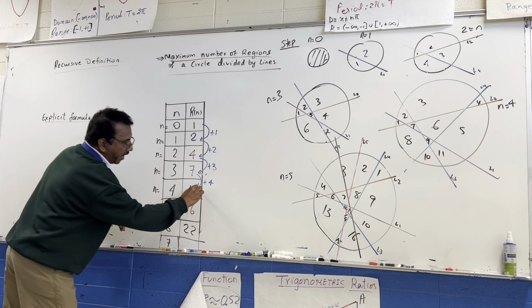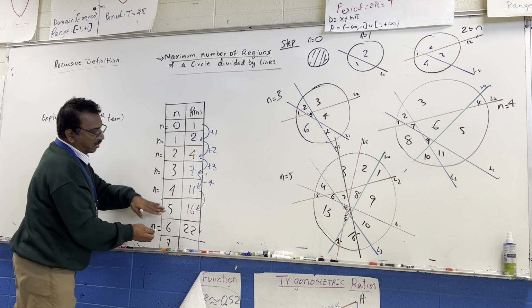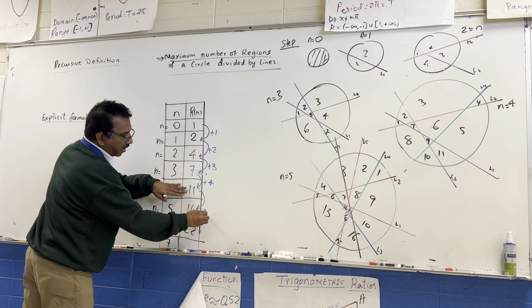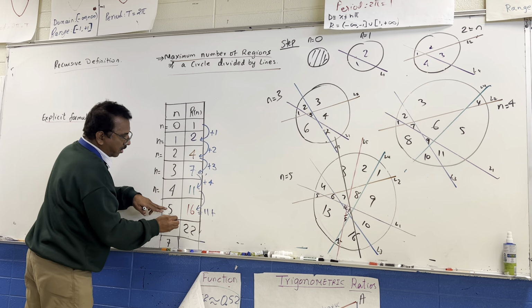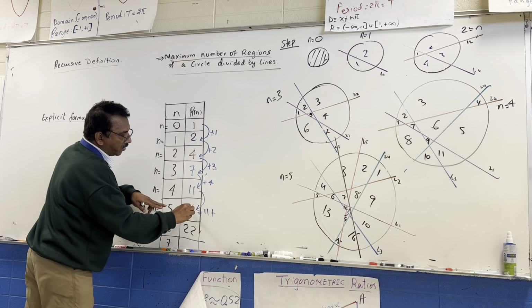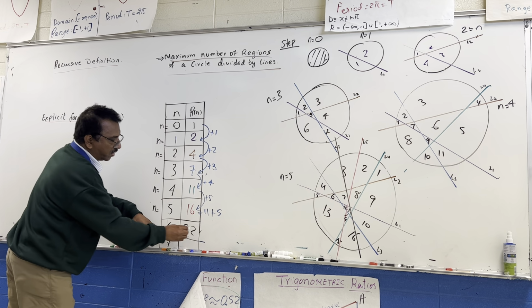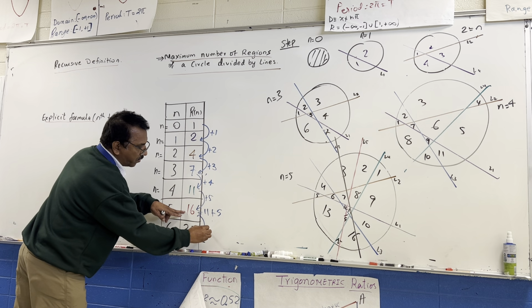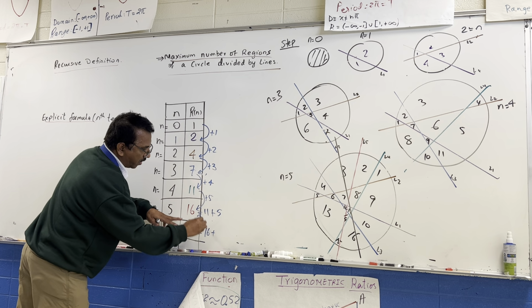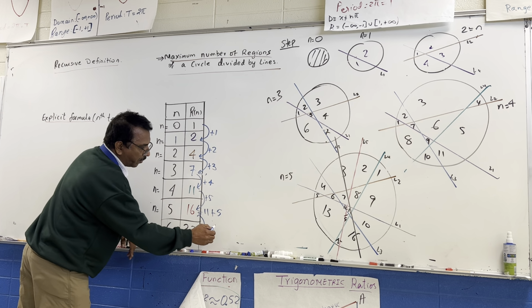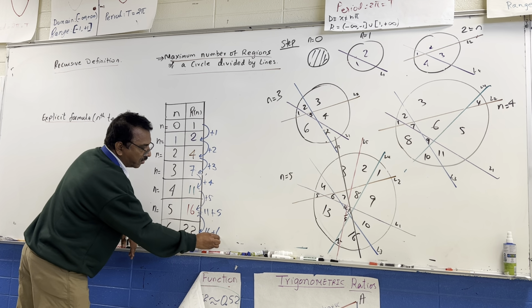So how do you get 16? The previous one is 11, and plus 5, because 11 to 16 is 5. If it is 6, the previous one is 16, and the difference is 6, so plus 6, and you get 22.